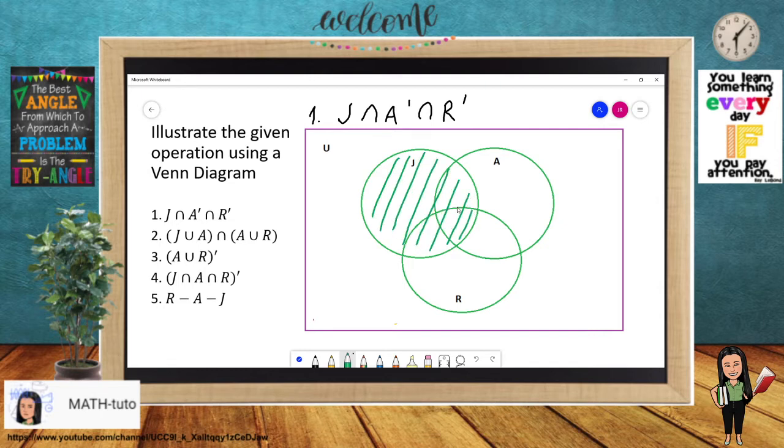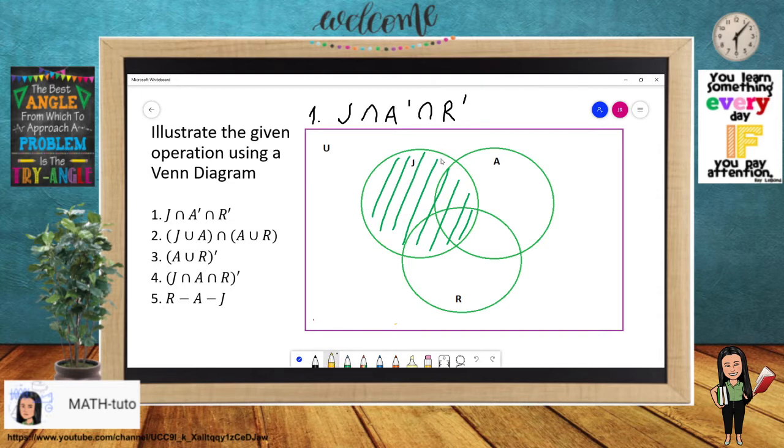And then A prime. Okay, since we are looking for intersection, diba for A prime, we will only shade everything in the universal except A. But since intersection siya, let us only shade the portion wherein A prime would intersect J para hindi na tayo mahirapan mag-delete later.